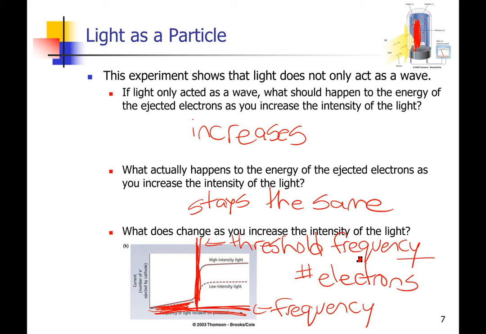For those of you who aren't so familiar with these terms from physics, current is essentially the number of electrons flowing per unit time. So shine a brighter light, you get more electrons, but they have the same energy. And that's not consistent with what you would expect from the wave model of the light.